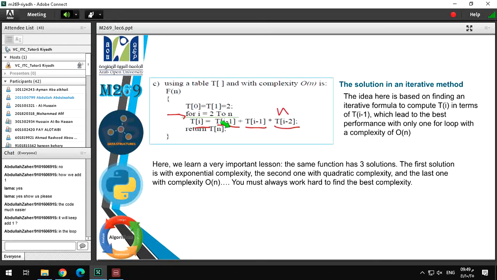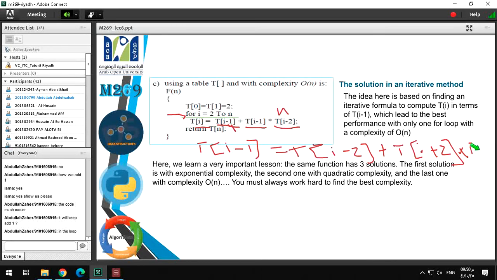So what I do is derive the value of T(i minus 1) from the previous value. So in the next i, T(i minus 1) will equal T(i minus 2) plus T(i minus 2) multiplied by T(i minus 3).